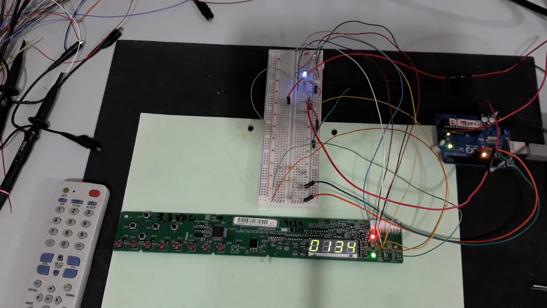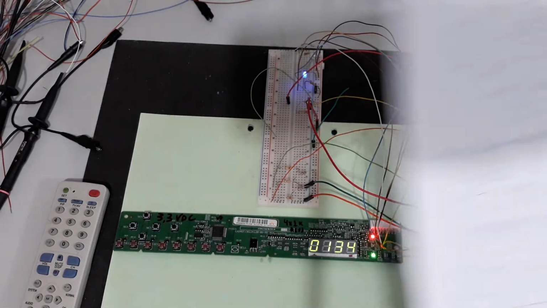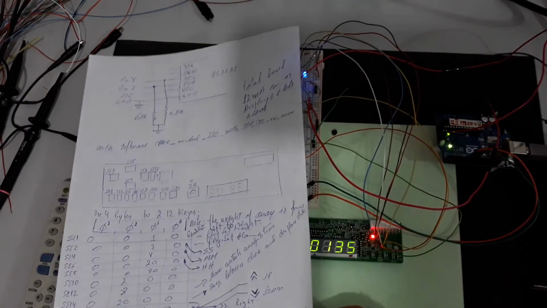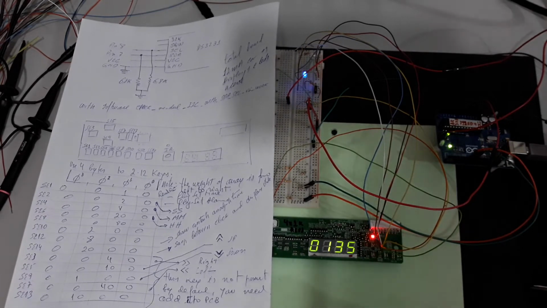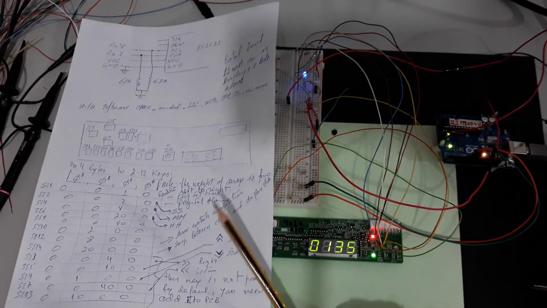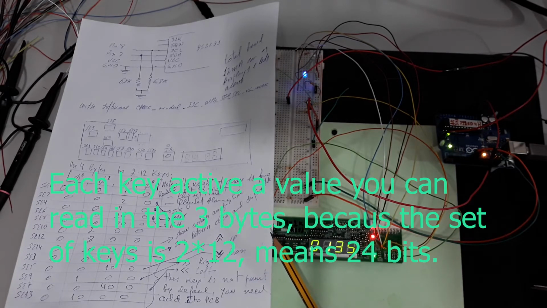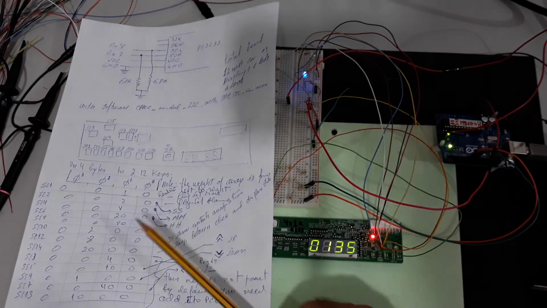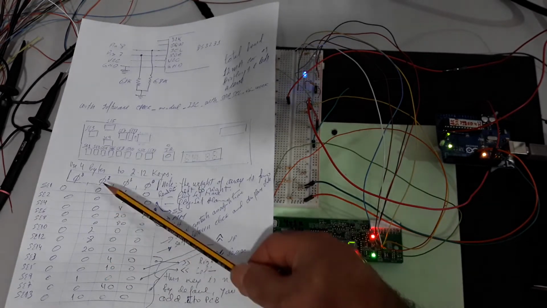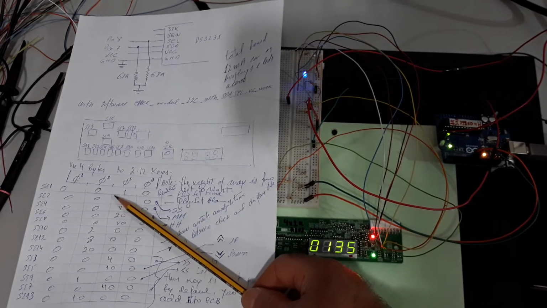And another important thing is the reference and the pins you can read related to the keyboard. This board or this IC supports 24 keys, in this case 2 times 12, and here you can see the hexadecimal value which is activated when you press the button.